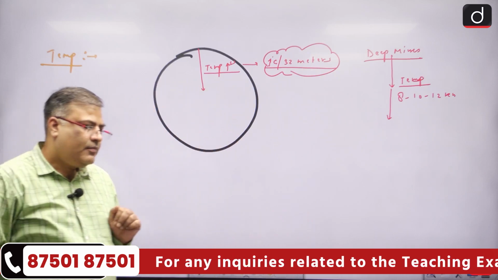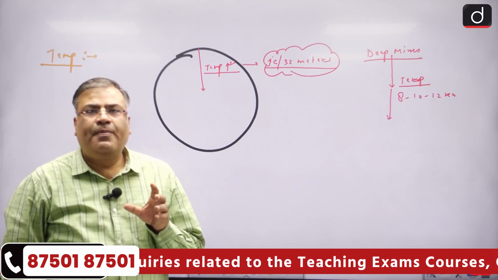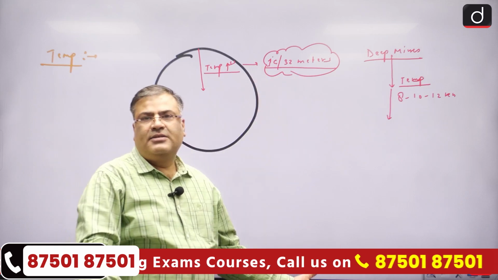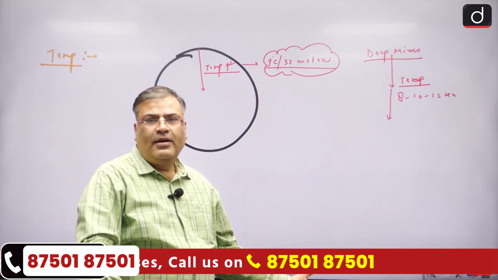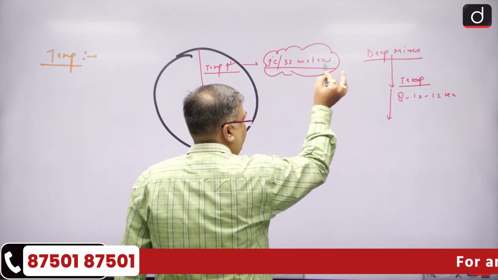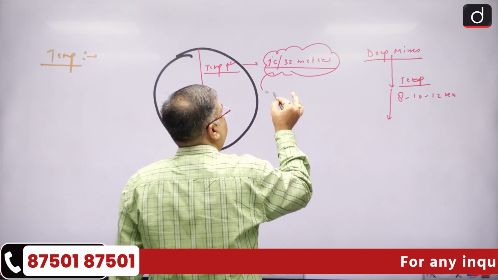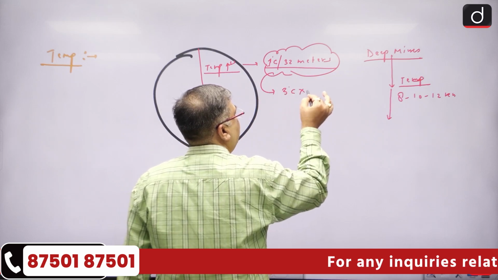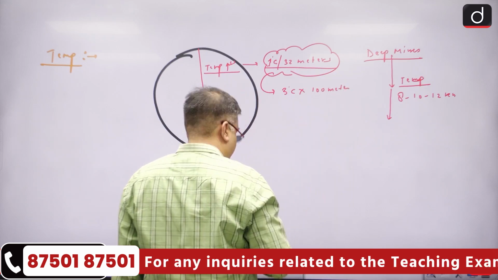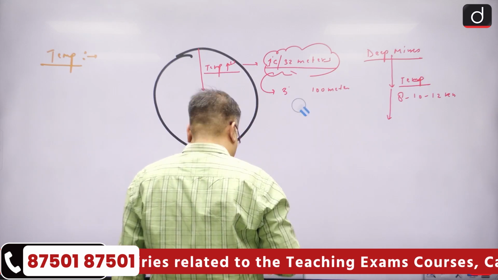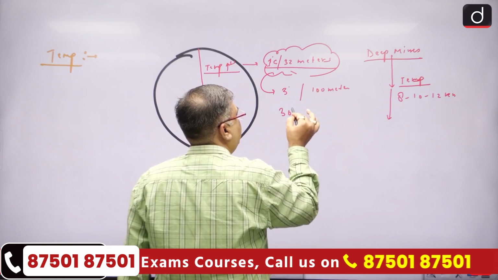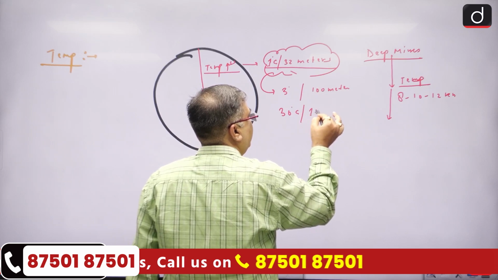But here the catch is that we cannot simply keep on multiplying this. What does it mean? If this is the rate of increase, it should be about 3 degrees C per 100 meters, which is around 30 degrees C per 1 kilometer.